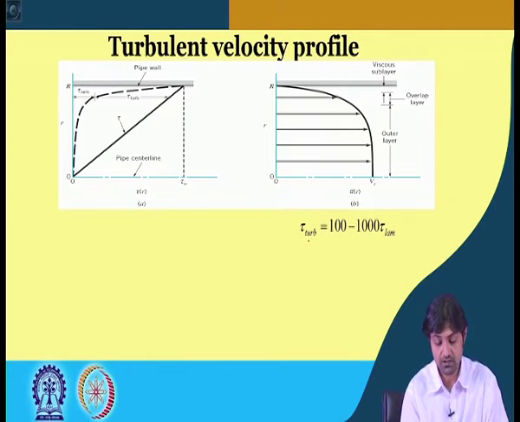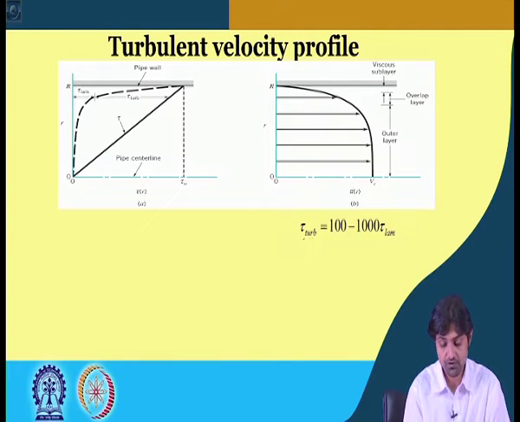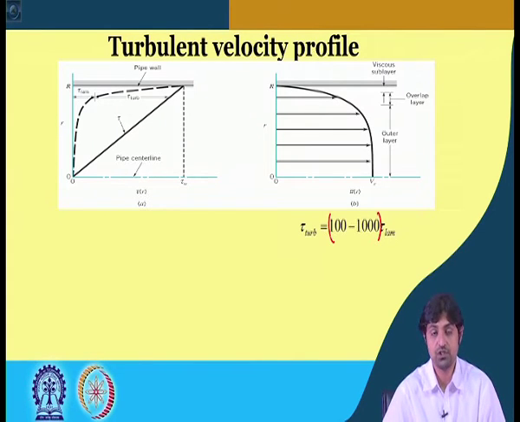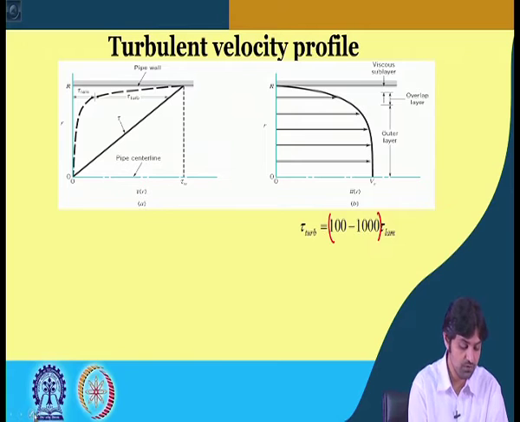Actually we can write that shear stress due to turbulence is at least 100 to 1000 times the shear stress due to laminar flow. So the laminar contribution is at least 100 to 1000 times less than the shear stress due to turbulence.